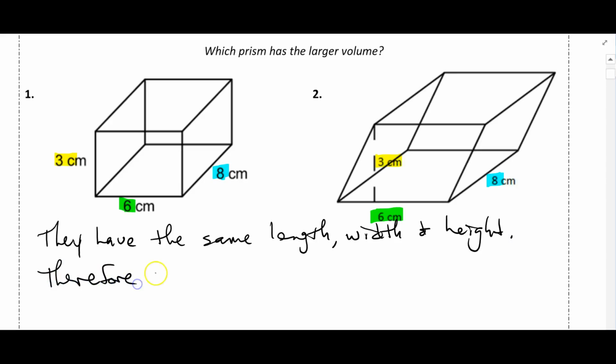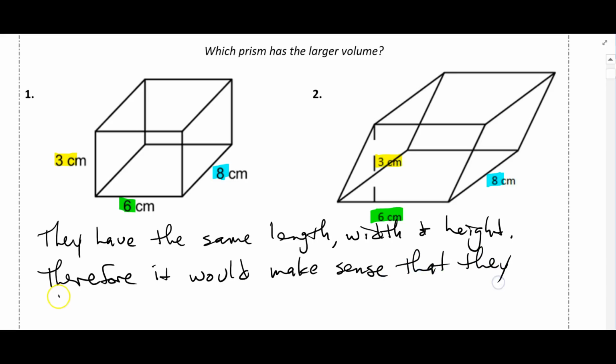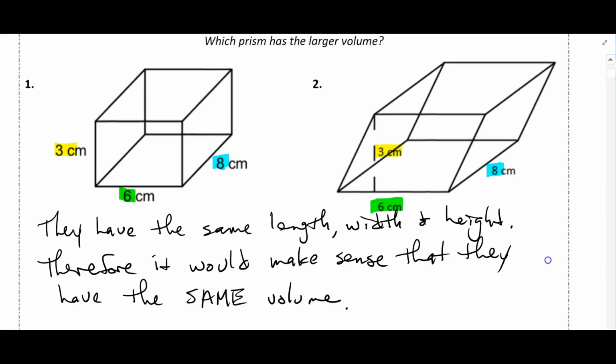Therefore, it would make sense that they have the same volume. So that's kind of interesting that even though they have different shapes, since their dimensions are essentially the same, they would have the same volume.